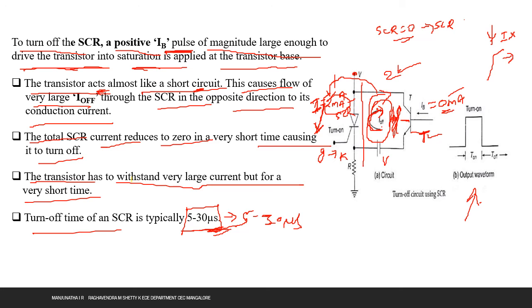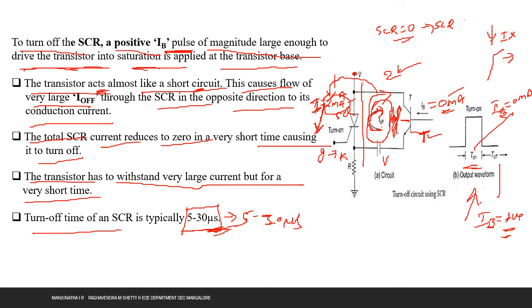Here is the turn on condition. In the turn on condition, what is the IB value? IB is 0 milliamps. And in the turn off condition, what is the IB value? Some positive value.